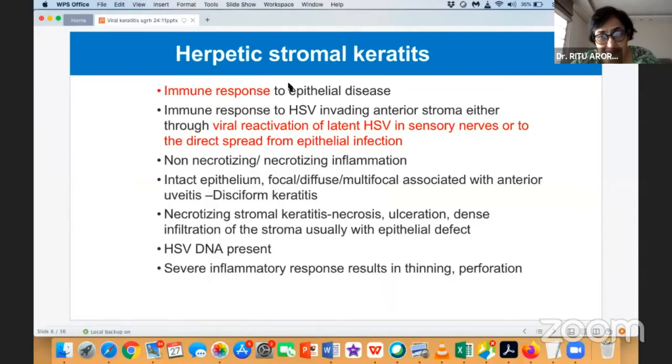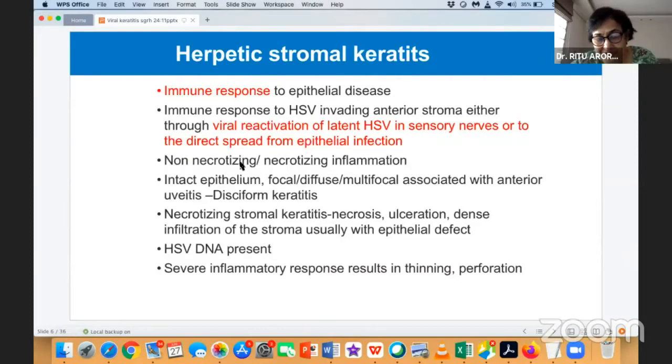Herpetic stromal keratitis differs from infectious epithelial keratitis, where the virus is actually multiplying in the epithelium. Stromal keratitis is primarily an immune response to the epithelial disease, and very often we see epithelial keratitis and stromal keratitis coexisting. And it is usually an immune response to HSV, which is in the anterior stroma, or which is present in the nerves.